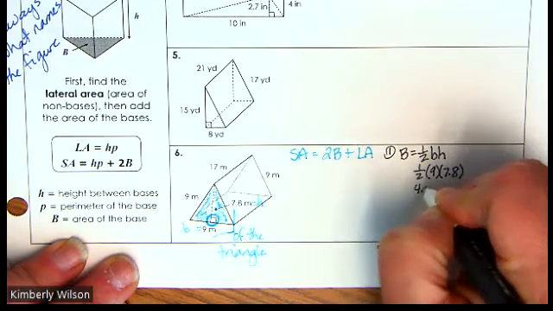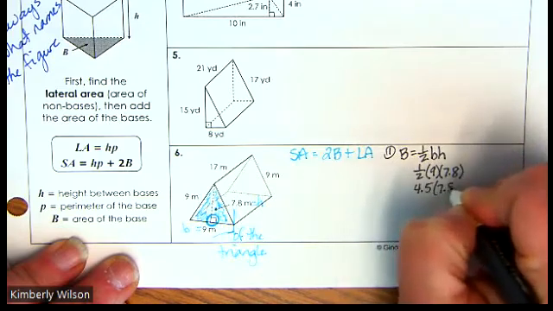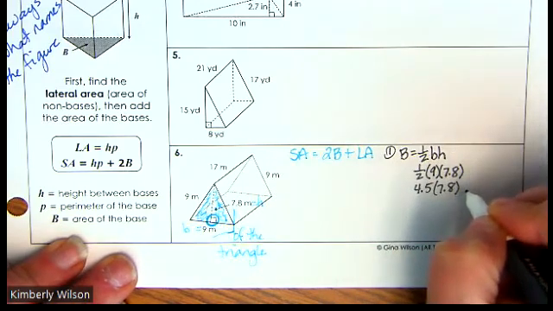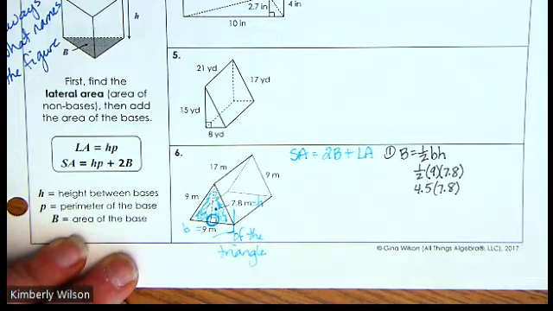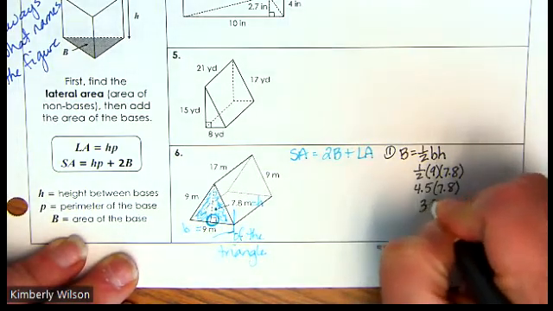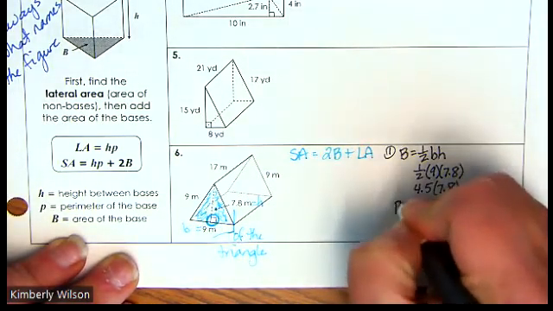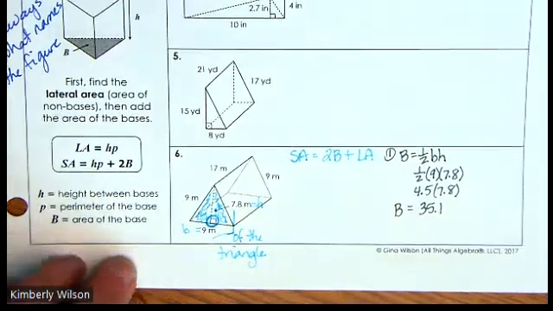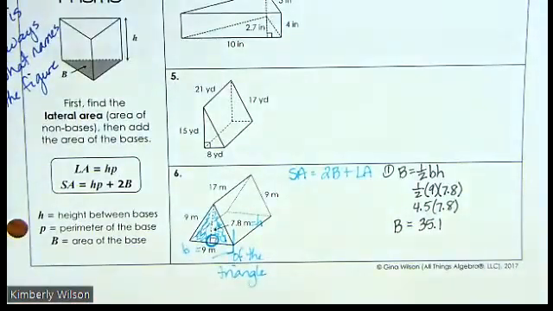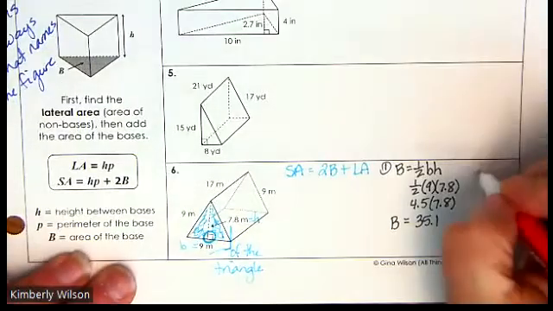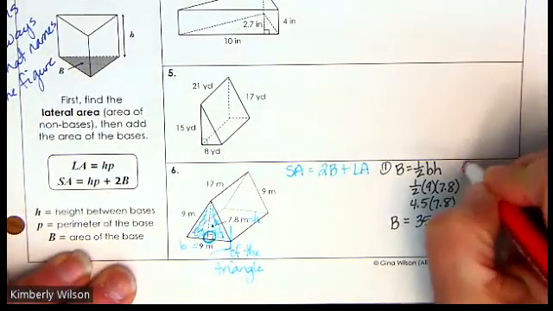So that's going to give me 4.5 times 7.8, which gives me 35.1. So the capital B equals 35.1. Next part. Now we have to find the lateral area. So this is step 2.